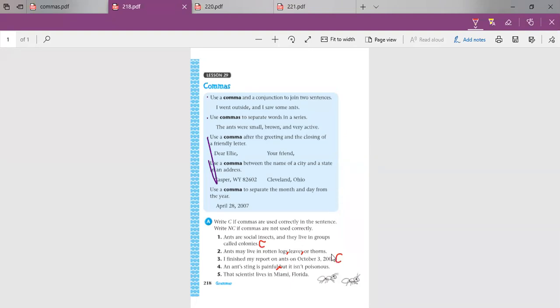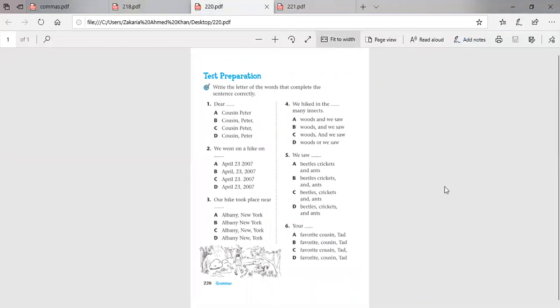There is nothing wrong in this sentence. I will simply write C because they have already used a comma in separating the name of the city and the name of the state. Miami, Florida. So we finish this page. We do not have page number 219, so we move on to page number 220.